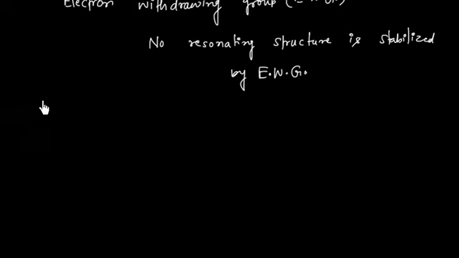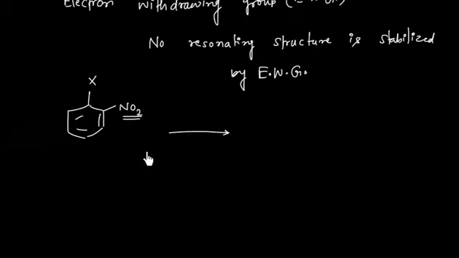This means on the benzene ring, if I want to have a nucleophilic substitution reaction, let us attach the electron withdrawing group NO2 and we can have a nucleophile. We will have this reaction.